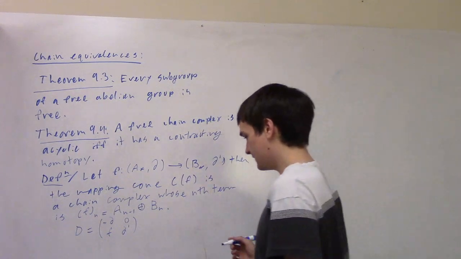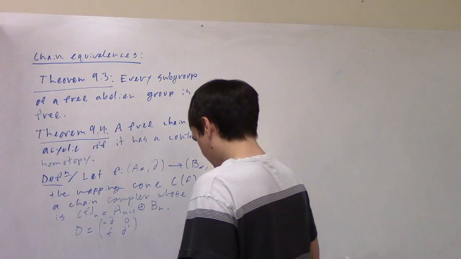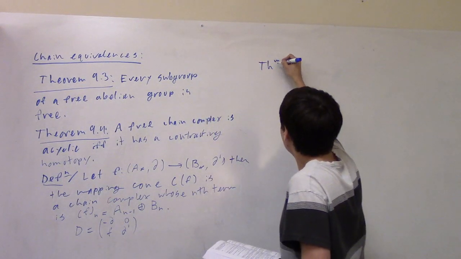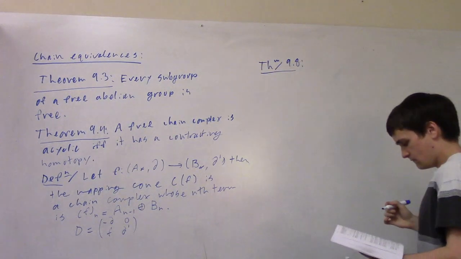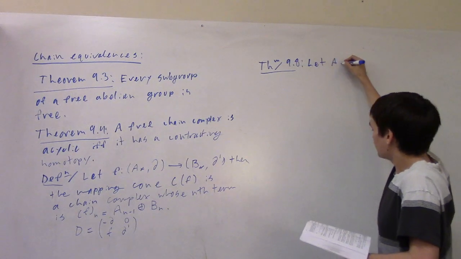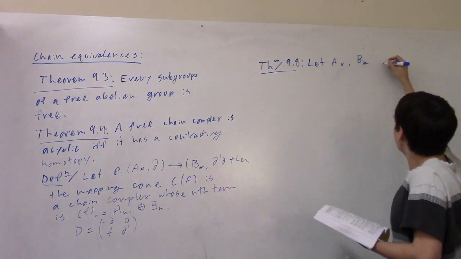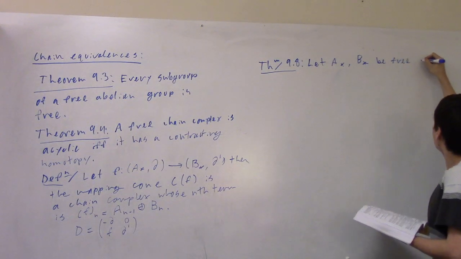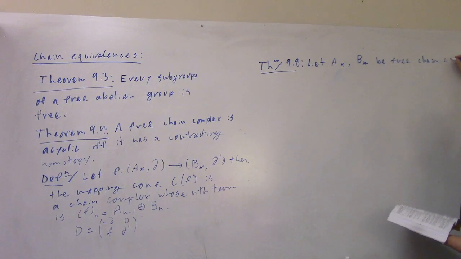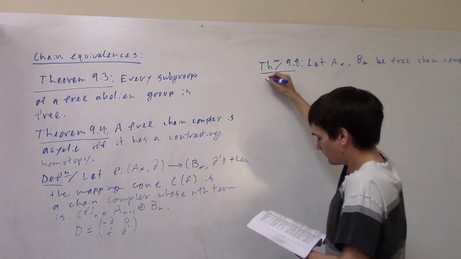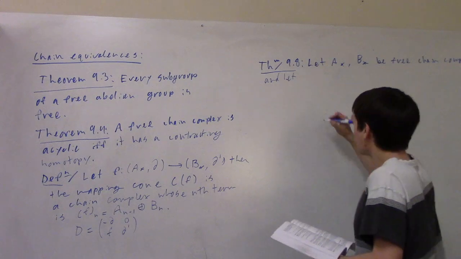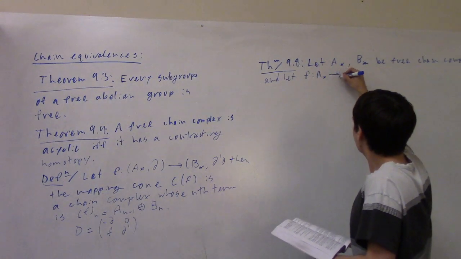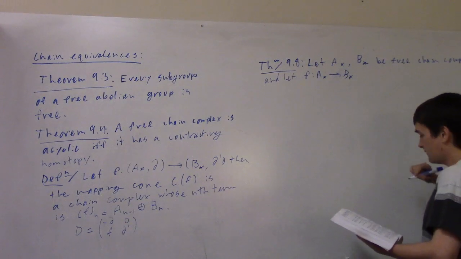And so finally here we get to theorem 9.8, which is the big theorem of the section. So A star, B star free chain complexes, and let f be a chain map.